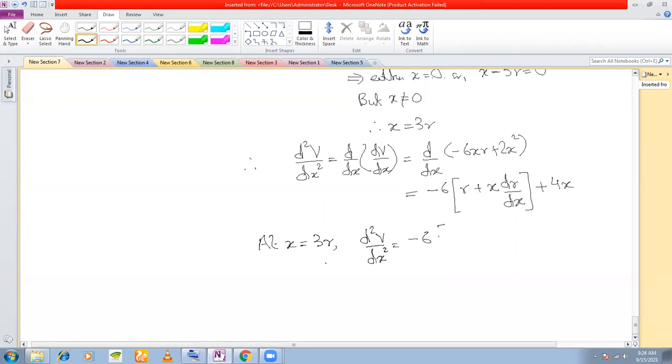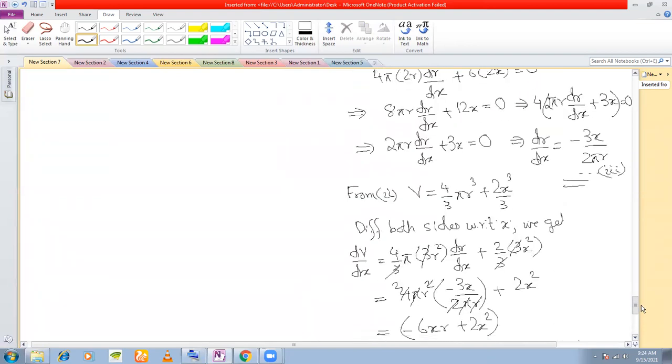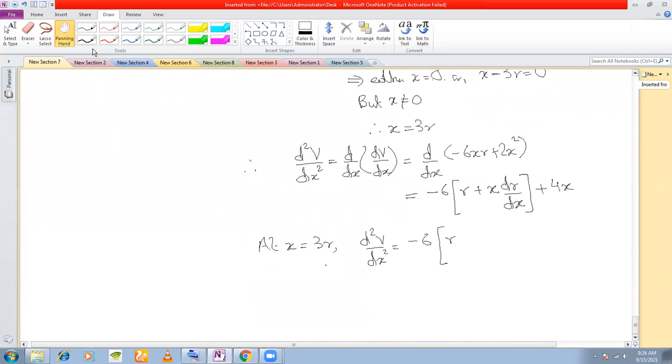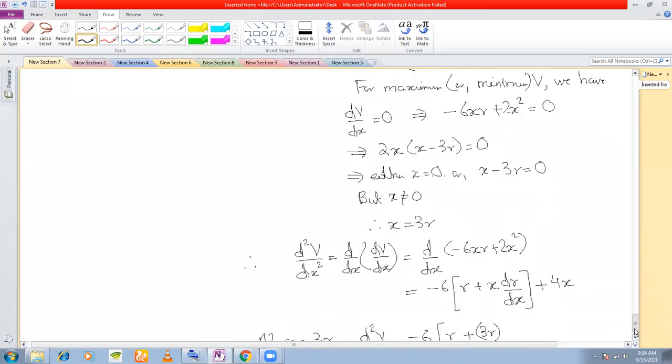Minus 6, r you write as it is. What is dr dx we have got here above from 3? Minus 3x by 2 pi r. Okay, so we bring everything in terms of r. r plus 3r. How much is dr dx? Minus 3x by 2 pi r.